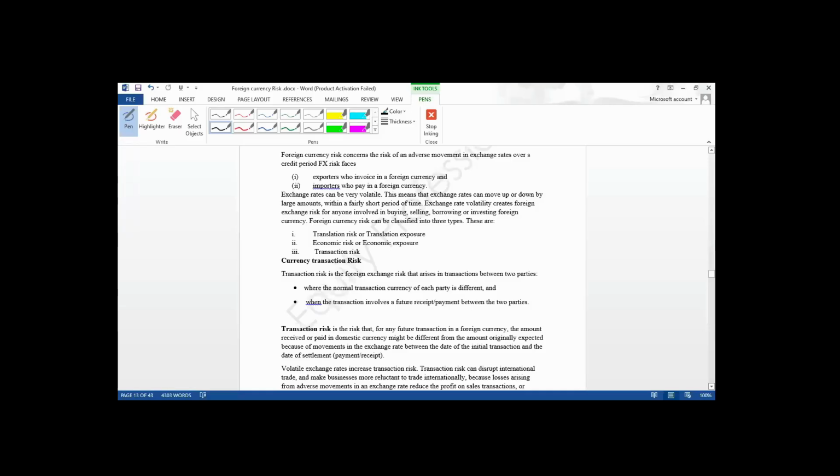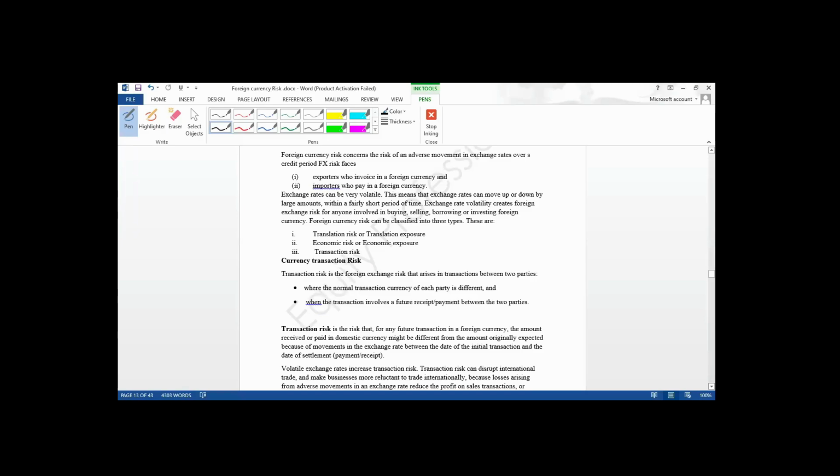Your currency is Naira because you are based in Nigeria. Now, two of us want to transact business. Our currencies are not the same.